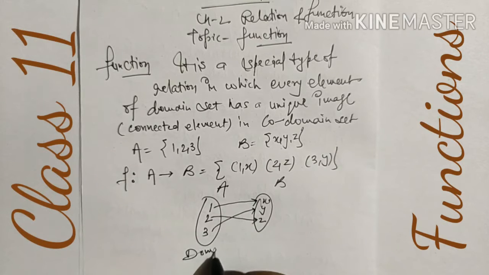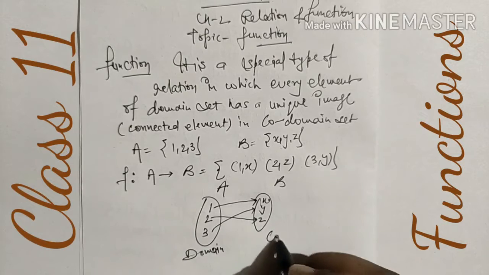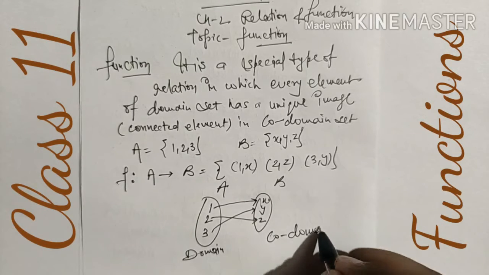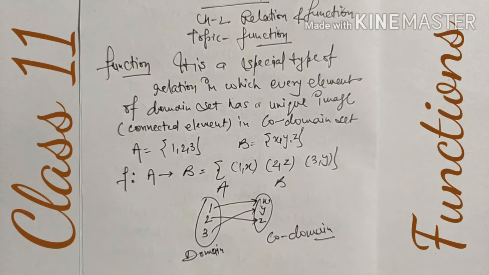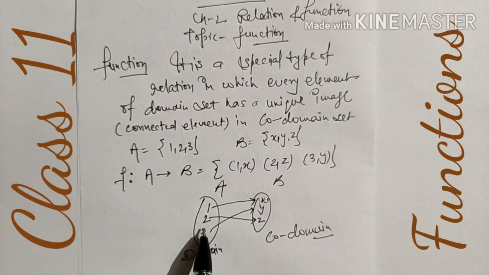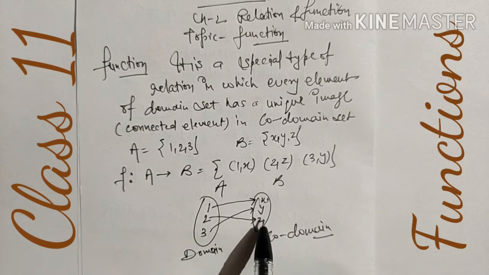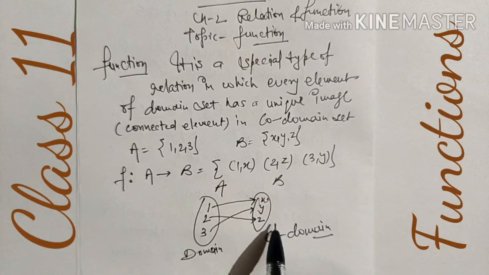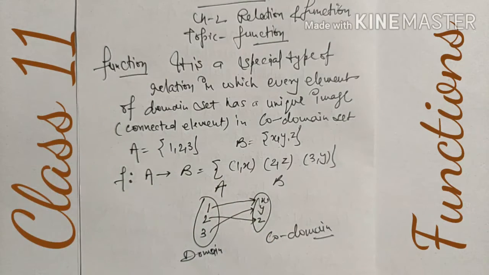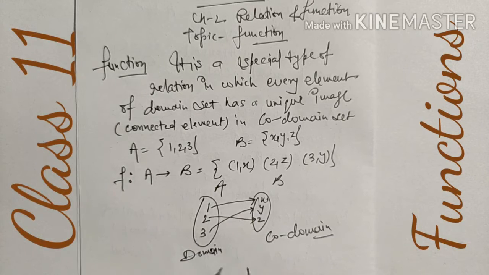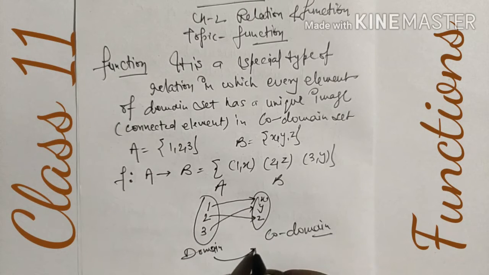If you see here, these are the domain set A and B is known as the codomain set. The elements of A are known as the domain set elements and the elements of B are known as range set elements.